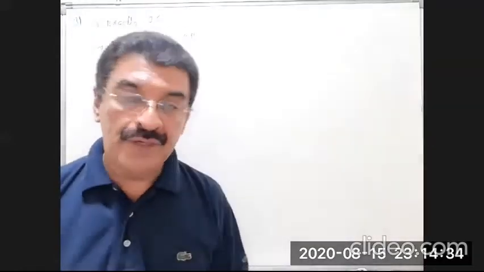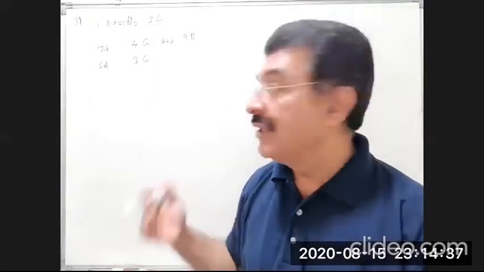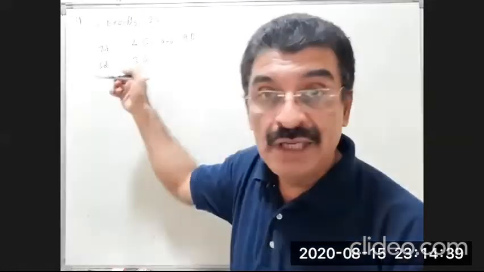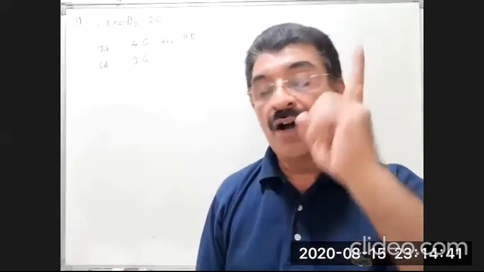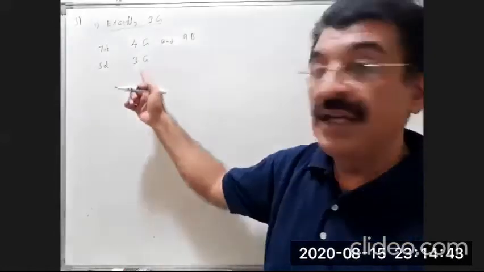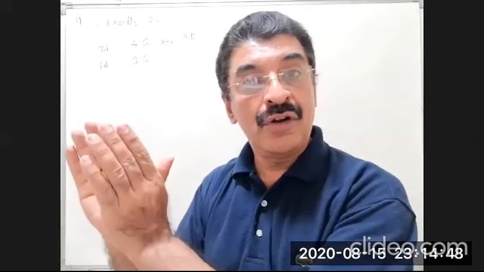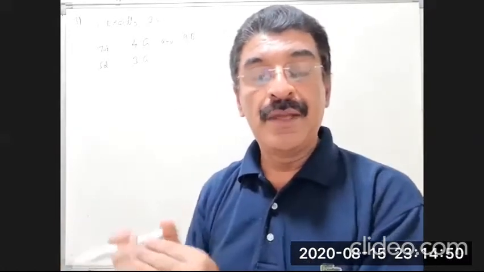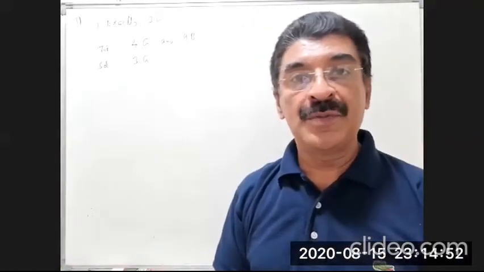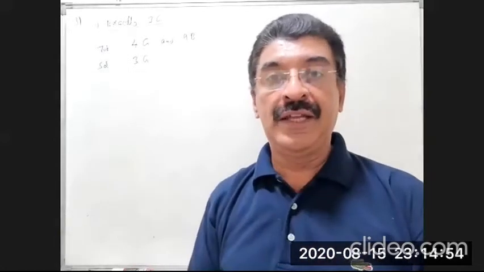Out of the 7, 3 girls we already took because that is compulsory. Remaining 4 must be boys. Then only 3 plus 4, in all 7, we select.